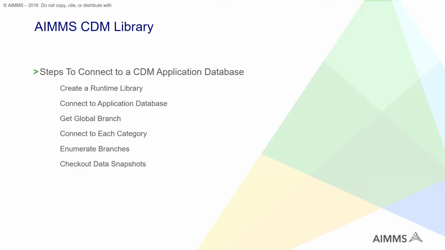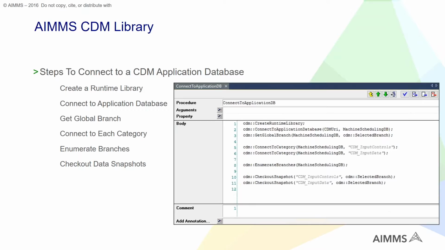Then instead of what we did before when we created the application database, we now will only need to connect to it. We'll pull all the global branches. We will connect each of the categories we have in our application. Then we'll enumerate the branches to get information about all of the branches that are in the database. And then we check out a data snapshot, meaning that we will pull complete data from the data repository to our application.